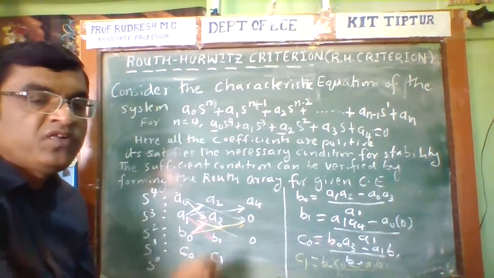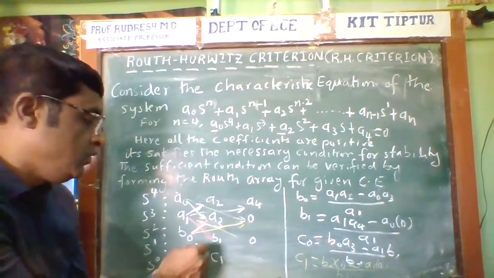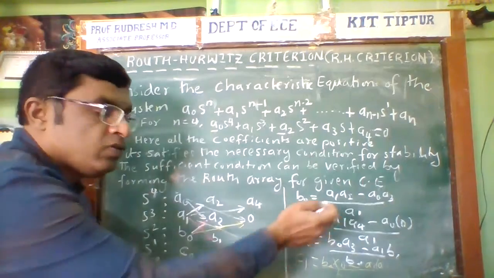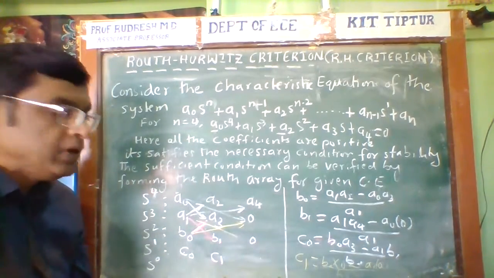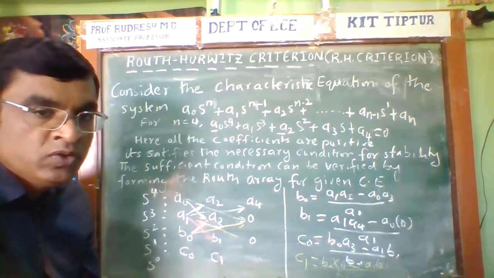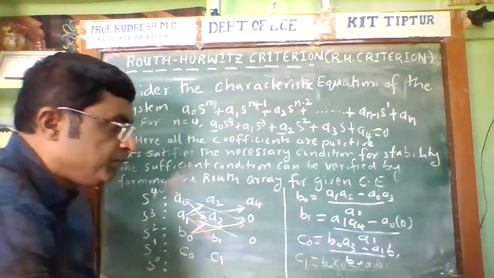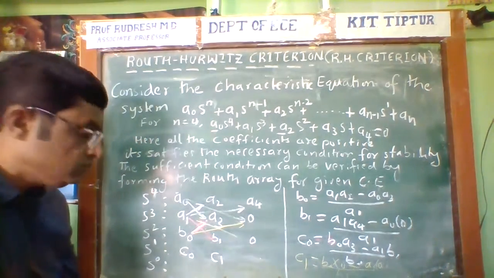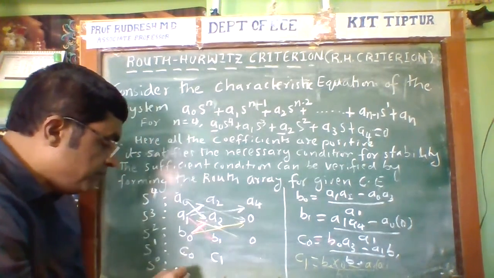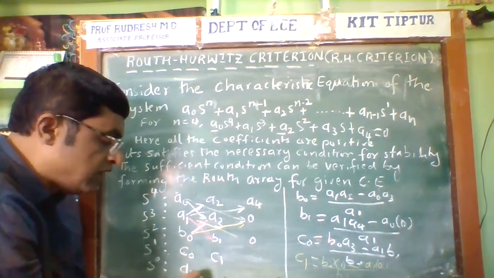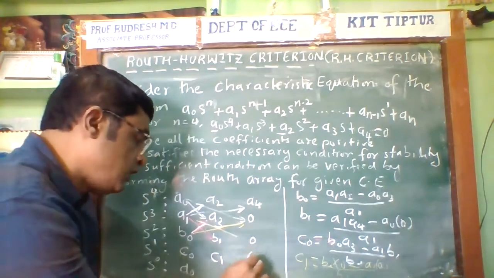Now this is the way of forming the root array. Now the values of c0 and c1 are computed by utilizing the previous two rows. Similarly, I want to find out d0.